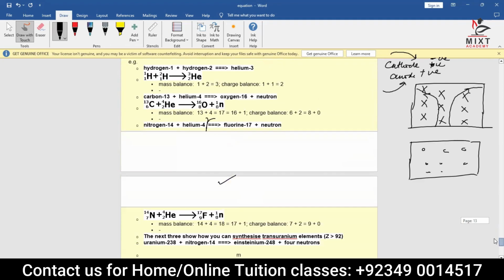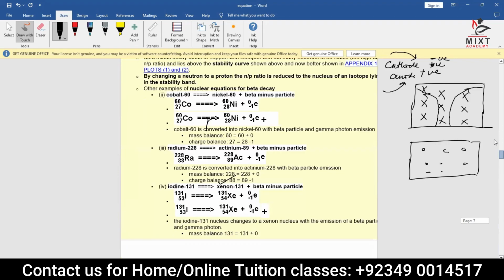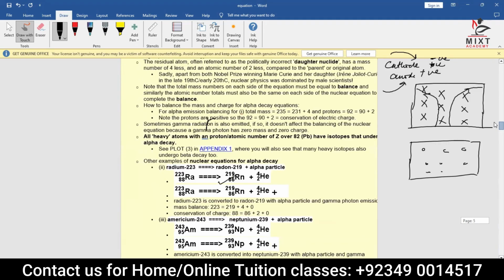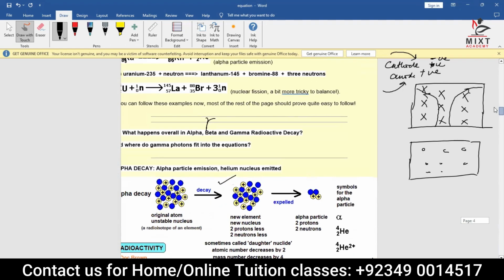Neutral, okay. Now, what happened when alpha particles are emitted? Let's see.